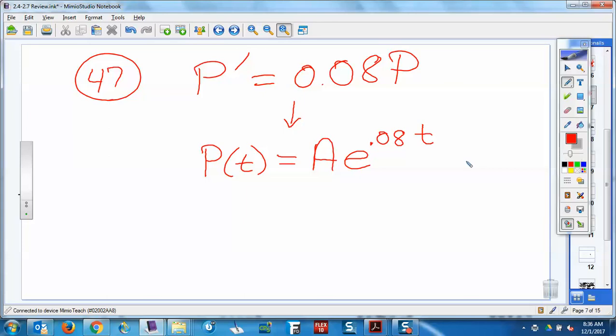All right, so what do they say? $2,000 is initially invested. So what do we put over here? What does P stand for here? The value in dollars after T years. So initially, $2,000 is invested.